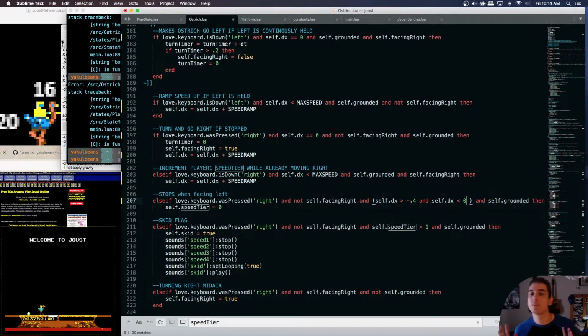It's in our left speedTier 1 range, anywhere from moving left at all up until that speedTier 1 range, at which point we'll set our dx to 0 because that's our break. That's our break that isn't a skid.